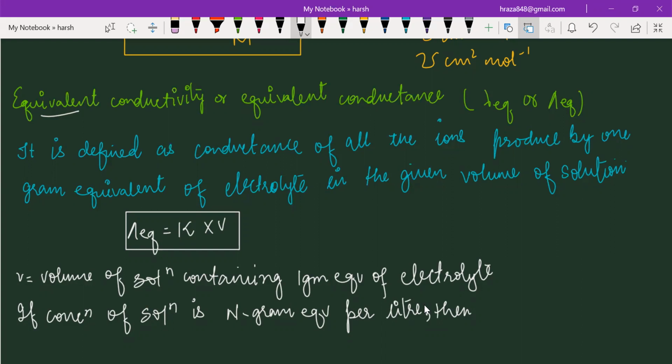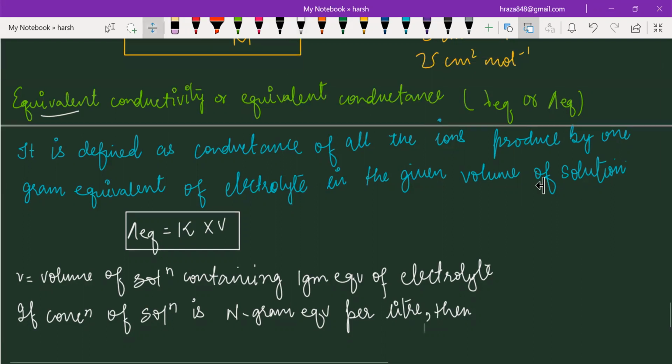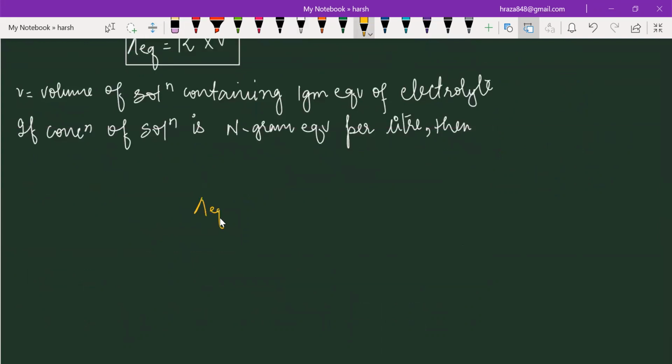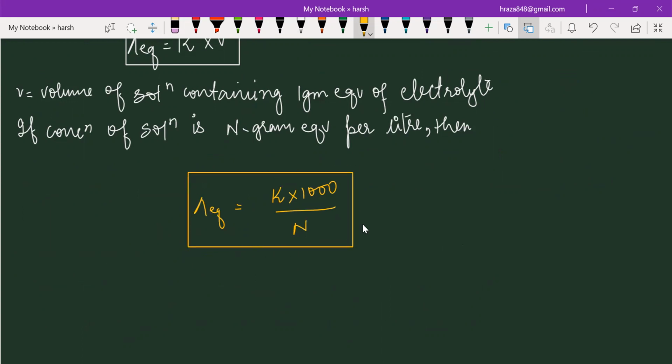So we get the formula lambda eq equals kappa into 1000 upon N, that is normality. Its unit will be per ohm centimeter square per equivalent, or Siemens centimeter square per equivalent. Please write it.